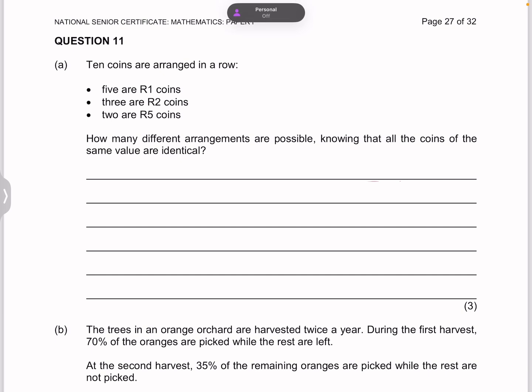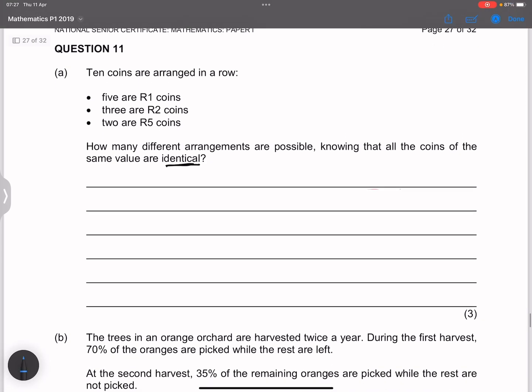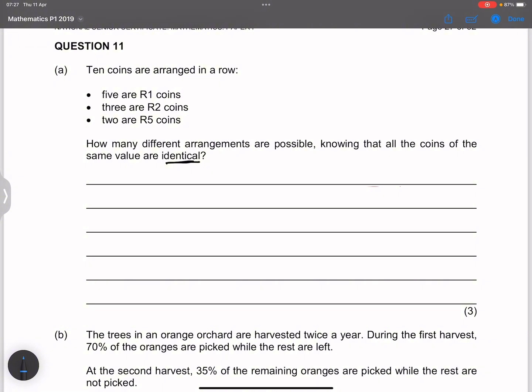The last question, they say we've got 10 coins that are arranged in a row. They say 5 coins are 1 rand, 3 coins are 2 rand, and 2 are 5 rand coins. Right, how many different arrangements are possible, knowing that all the coins of the same value are identical? Now, in this case, ladies and gents, it means that identical coins we don't take as being different.